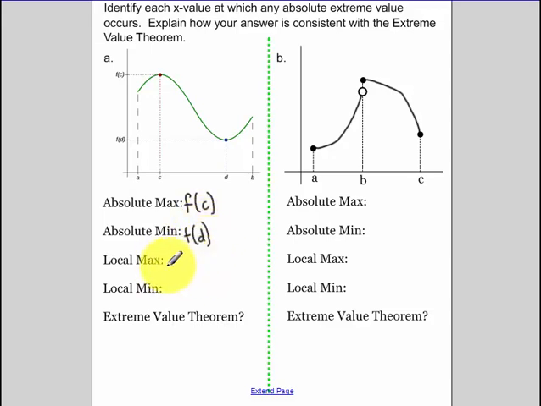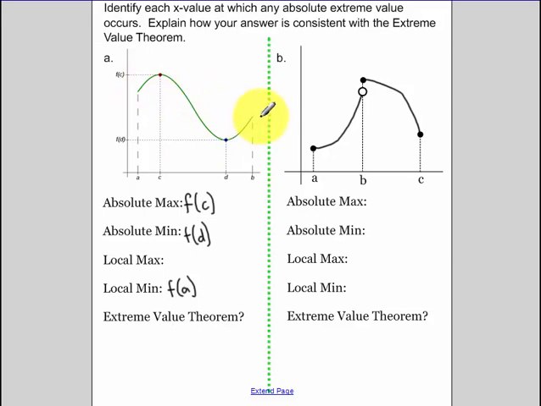Now locally, local max and local min, so our local values. Here, f of a would be considered a local min because it's smaller than the values around it.